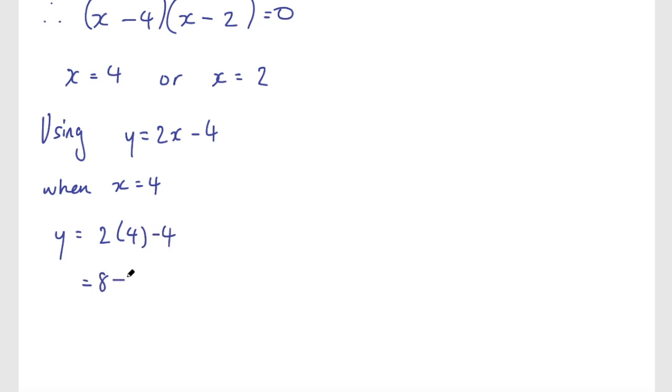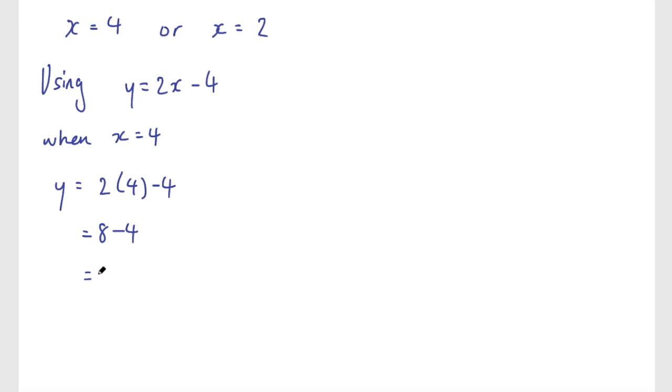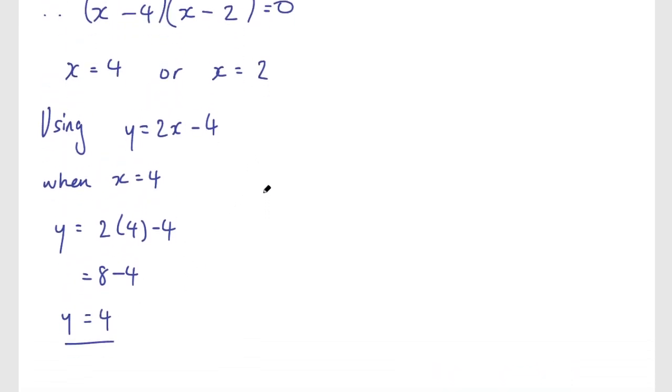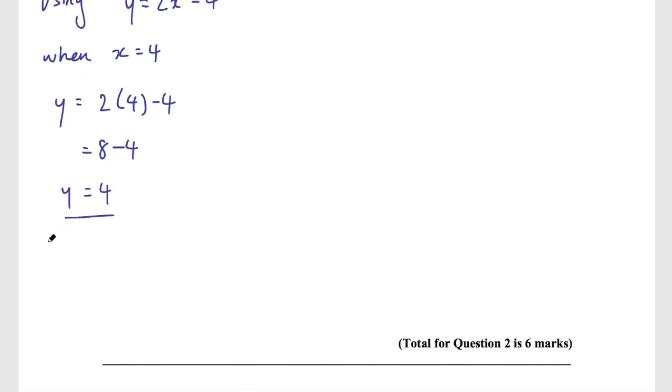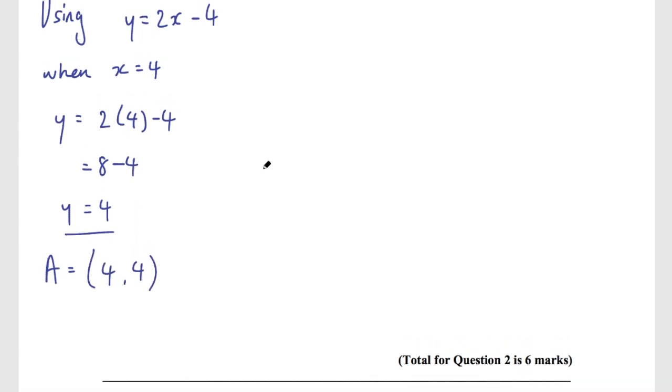That's going to be 8 minus 4, which will equal 4. So that will be point A, or it could be point B, but let's just say that will be A. So A will be 4, 4.